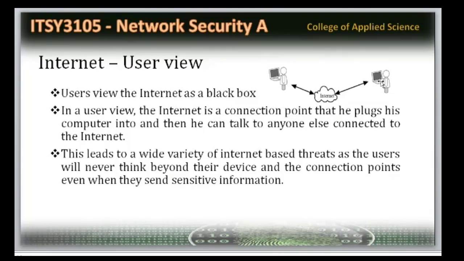For example, the first person is in Oman and the second person is sitting in the US. Now they are simply chatting. They don't know what is happening in the internet. An ordinary user cannot understand what is going on in the background, so they consider this a black box.